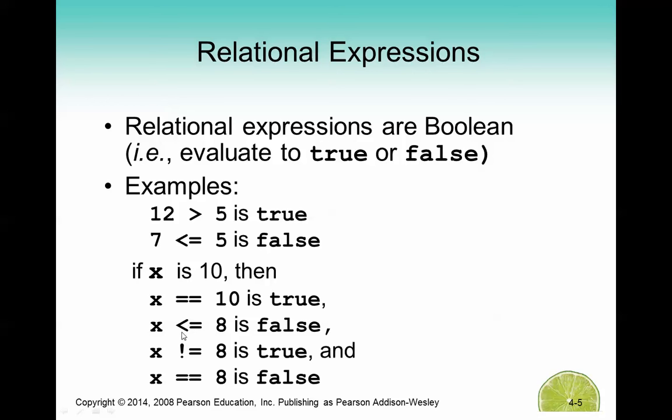Is x less than or equal to 8? This is false. Is x not equal to 8? This is true. Is x equal to 8? This is false. So as you can see, the only answer that we have here is going to be either true or false. That's all we have.